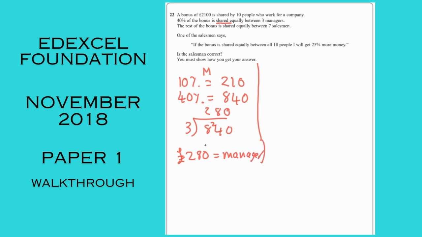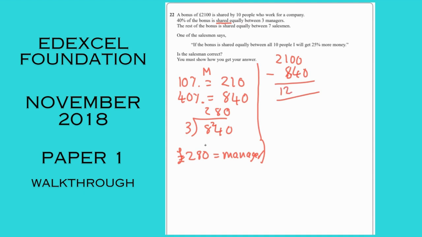There we go. Now we look at the 7 salesmen. They get the rest. So £2,100 minus the 840. Or you could go through the routine of finding 60% and go from there.